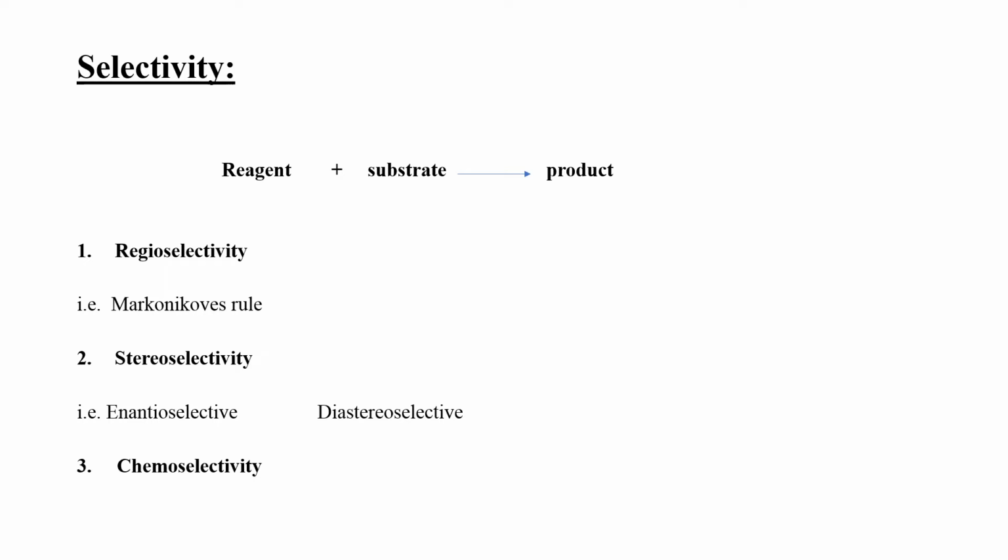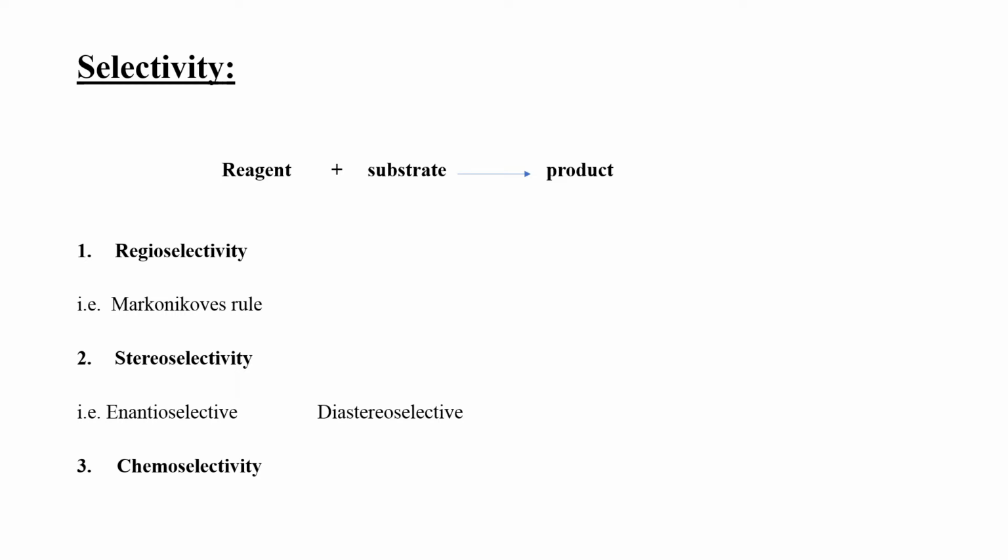All these questions are called selectivity. Selectivity comes in three sorts: chemoselectivity, stereoselectivity, and regioselectivity.